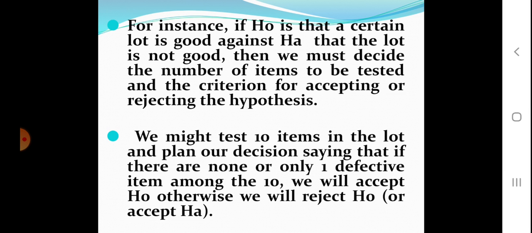We might test 10 items in the lot, and plan our decision saying that if there are none, meaning 0, or only one defective item among the 10, we will accept H0, otherwise we will reject H0. This sort of basis is known as the decision rule.